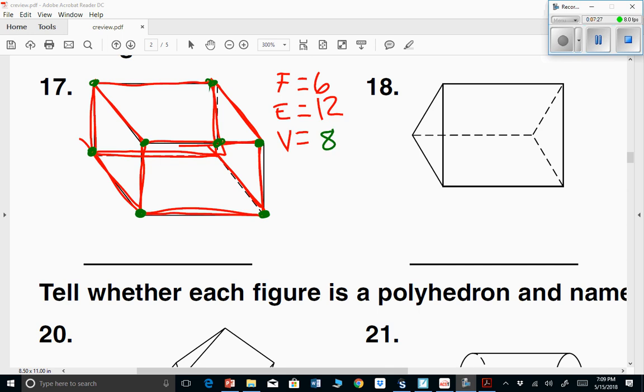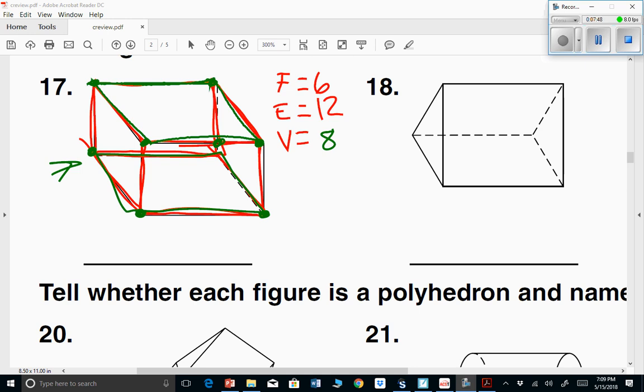This shape right here is called a rectangular prism. A prism has a base and another base that are parallel to each other, and they're exactly the same size and shape.